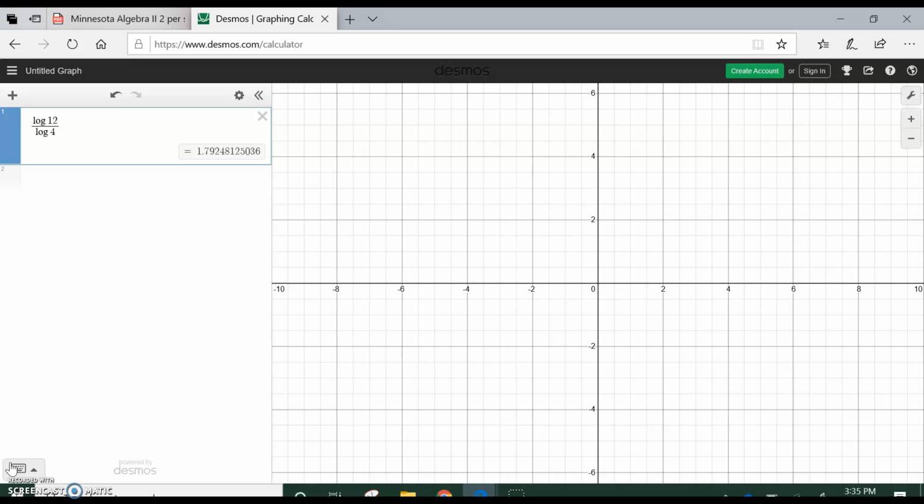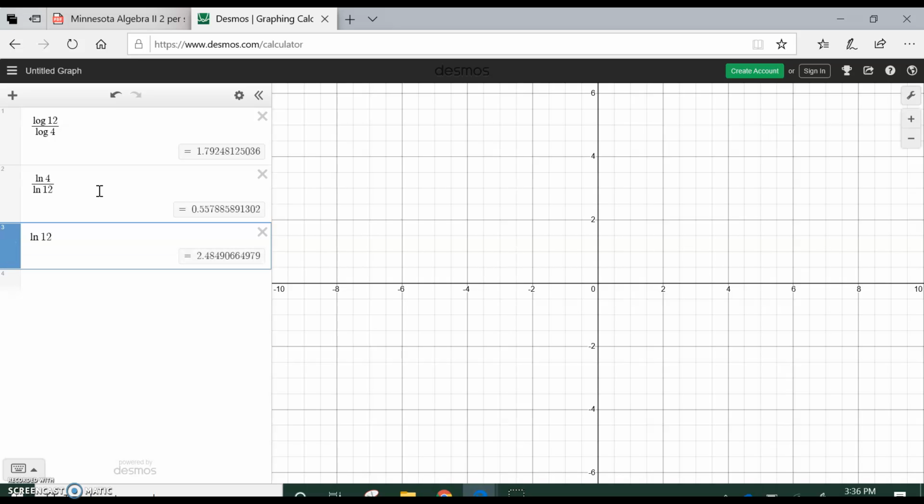So then, let's type in ln instead of log and see what it says. Ln of, let's see, option choice C was 4 divided by ln of 12. So that's not the same thing, okay? Now, let's see about ln of 12 divided by ln of 4.